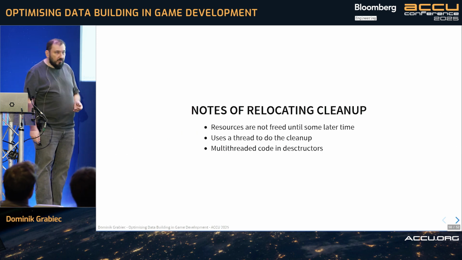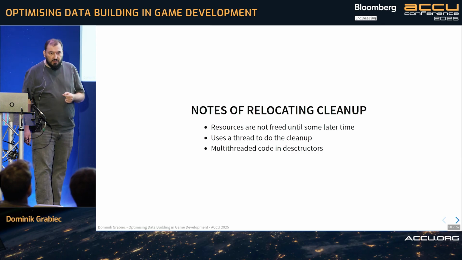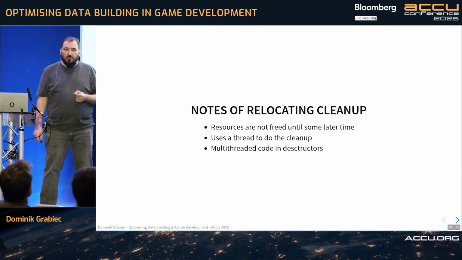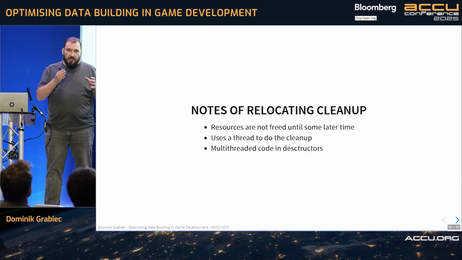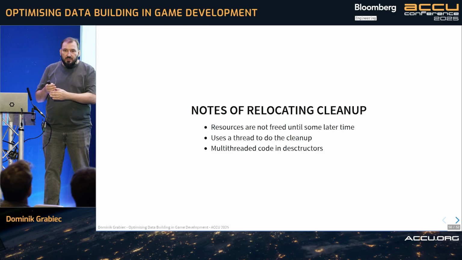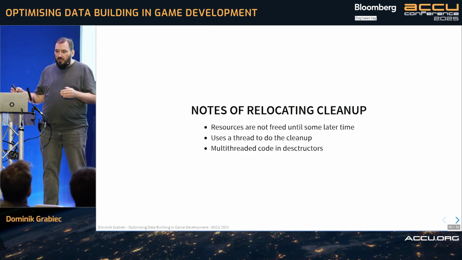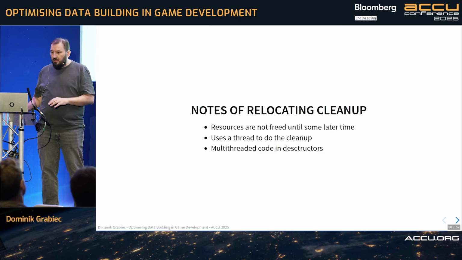Now, some notes to remember: the resources aren't freed immediately, so it's not like true RAII, where by exiting this scope, you're guaranteed to have it cleaned up. The scope exists far longer, and you end up with this other job that could be cleaning up things in the background.